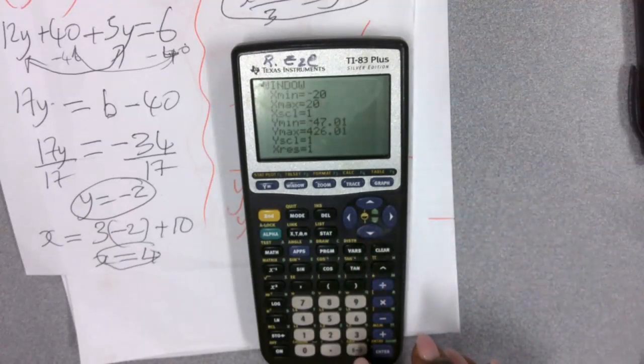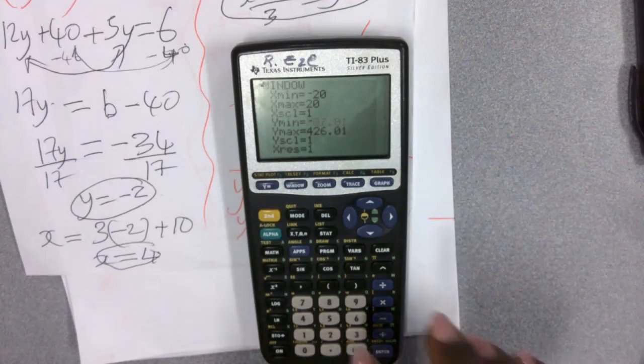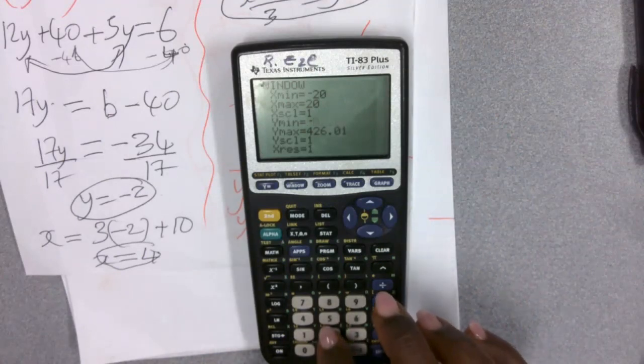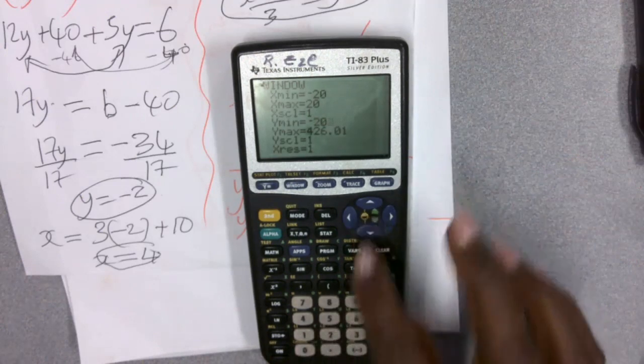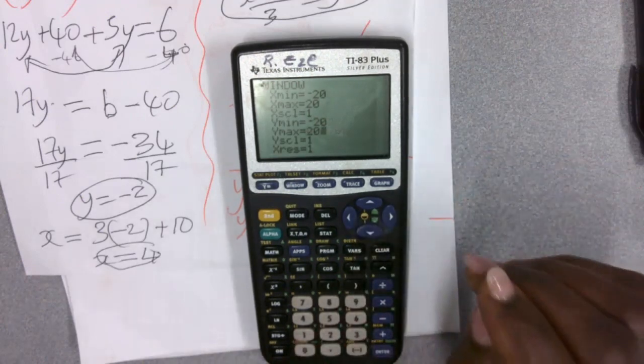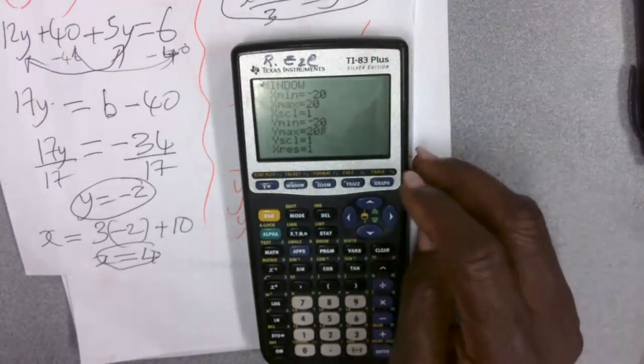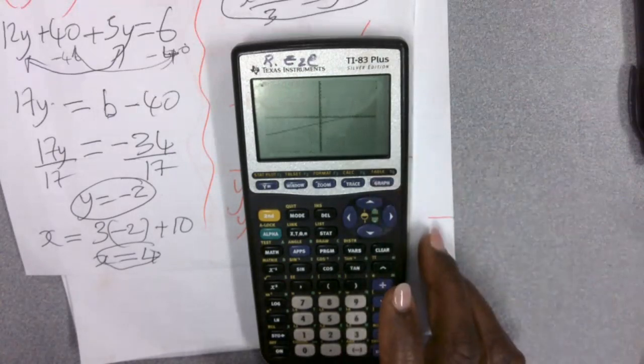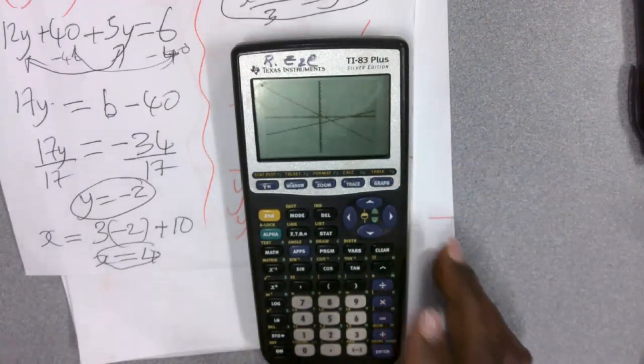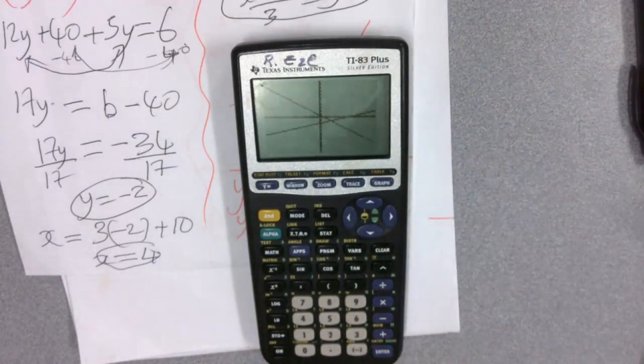If I have a complete graph, I will have the point of intersection. Later on, I can use negative 10 to 10. Let me see if I can get a complete graph. The complete graph must have the point of intersection. So I have a complete graph.